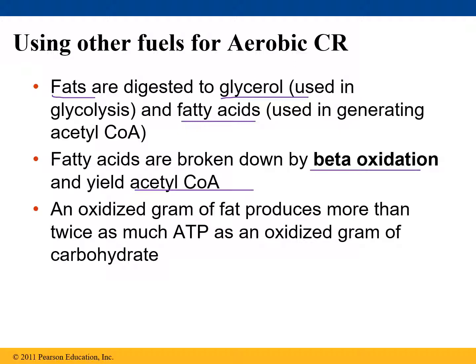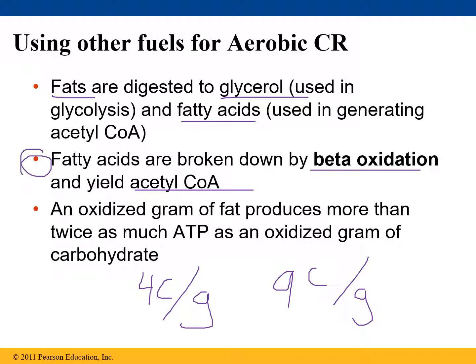You probably remember when we talked about calories that the typical carbohydrate yields about 4 calories per gram. Same with the typical protein, and the typical lipid will yield about 9 calories per gram. That all comes back to this process, because this process happens to be much better at producing energy.